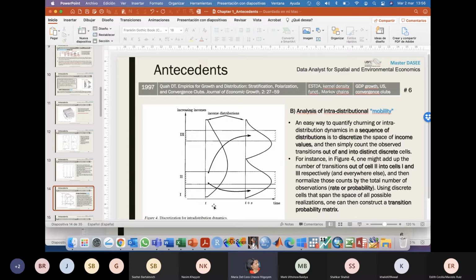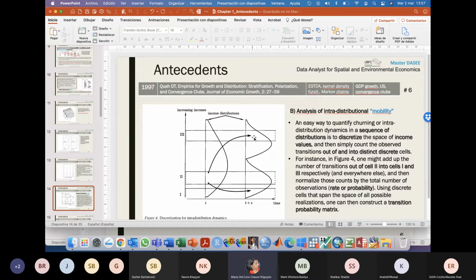For instance, if we depart from this kernel, so he also represents the kernels, and we can see that in a sequence of distributions. So if we go to the cell 2, this is the cell 2 of lower income interval, we can add up the number of transitions out of this cell 2 into cells 1 and 3.